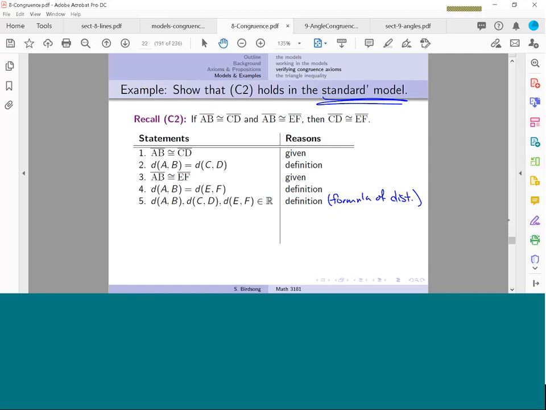Now, after statement 5, we're going to use properties of real numbers, and that's why statement 5 was so important. So I'm going to claim the next thing, and you see if it looks believable. For statement 6, we previously had that the distance from A to B was the same as the distance from C to D. That would be our statement 2. And I'm also going to claim that the distance from A to B equals the distance from E to F, statement 4.